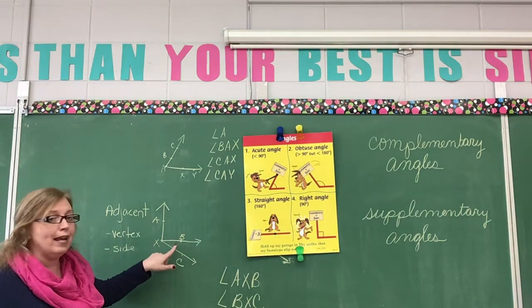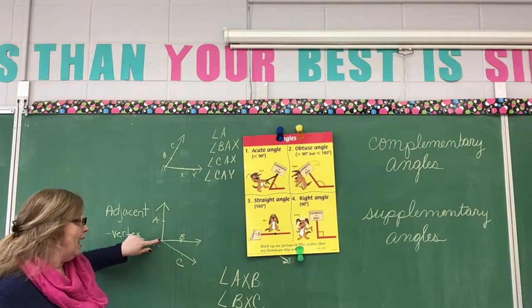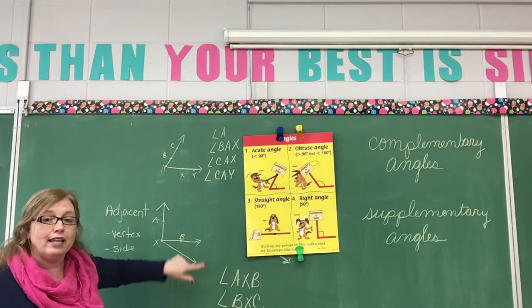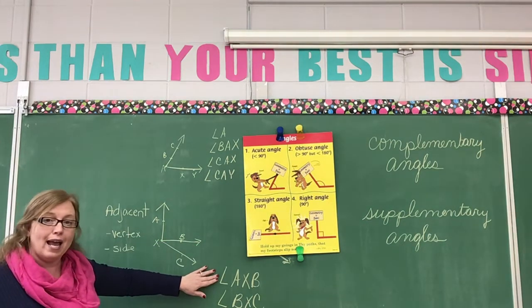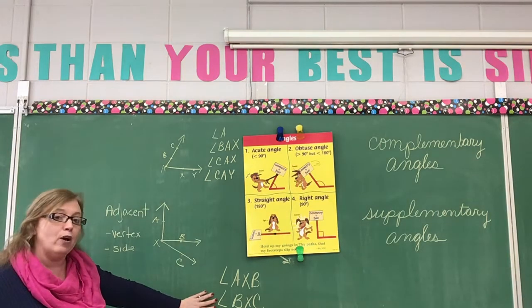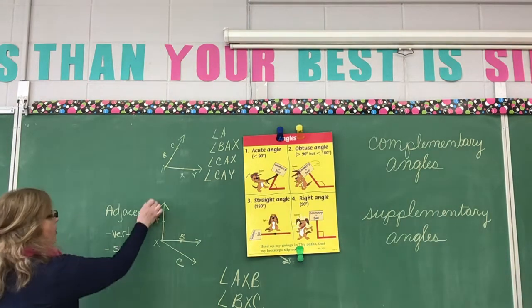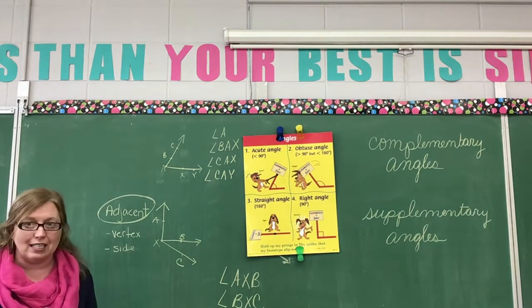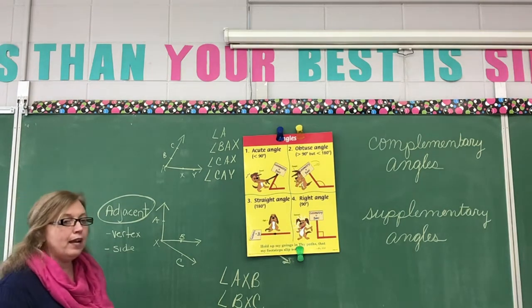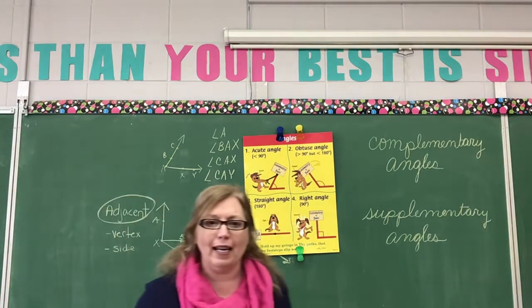So these two angles share a vertex and they share a side. Therefore, angle AXB and angle BXC are adjacent.